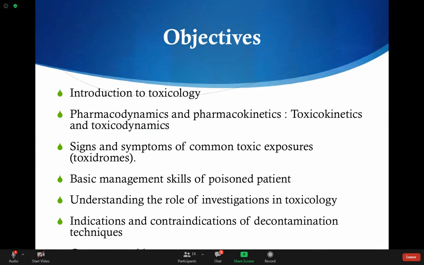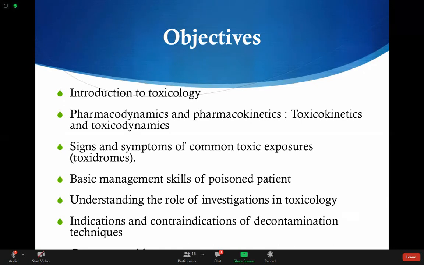The objectives, you probably got these objectives from your school. So we're going to just have a short introduction. We're going to speak about pharmacokinetics and toxicokinetics. I don't want you to go into the details of that. I just want you to understand the difference between the two. And then we'll talk about common signs and symptoms, or what we call toxidromes. And then the basic management skills.